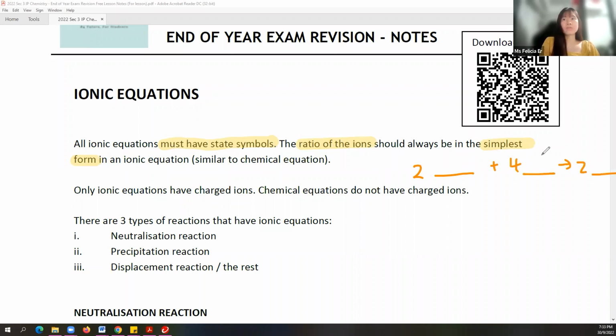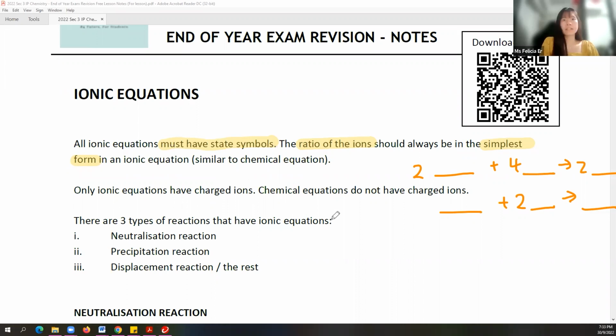Usually we change 2, 4, 2 to 1, 2, 1. Same for ionic equation: if you can simplify, always simplify to the lowest ratio. Next, ionic equations have charges, whereas chemical equations usually don't have plus or minus charge signs. Only ionic equations have charges.